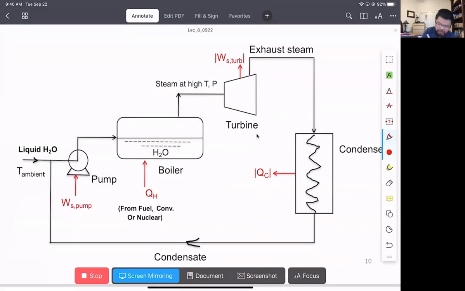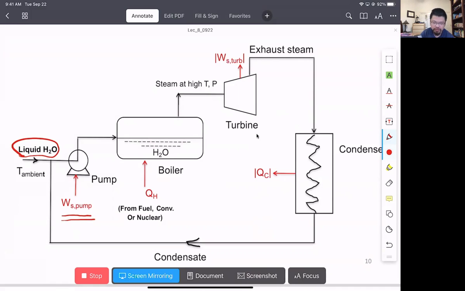So if we start over here, if we have this liquid water, we realize that always we try to use a pump to change the state of the liquid, right? So that is the first one. And if you think about in terms of work and the heat, that is the work input. So we have to pay the price to pump, to compress liquid water.